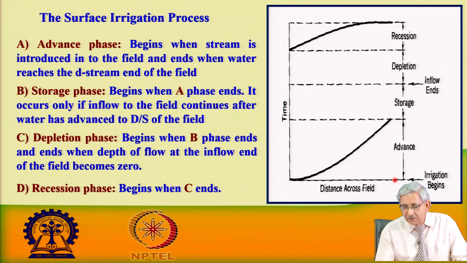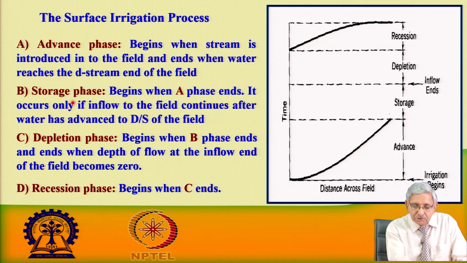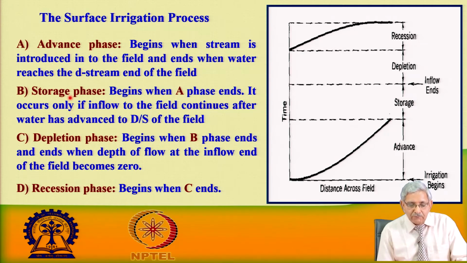Now, when it reaches the downstream end, the storage phase begins. The storage phase begins when the advance phase ends, and it occurs only if inflow to the field continues after the water has advanced to the downstream end of the field, meaning as long as we continue the water supply.